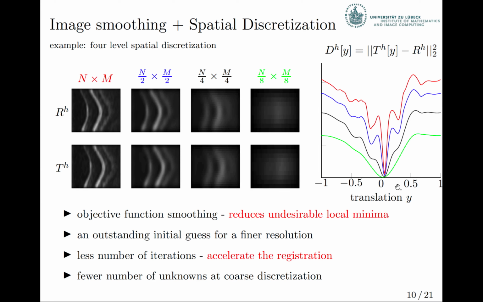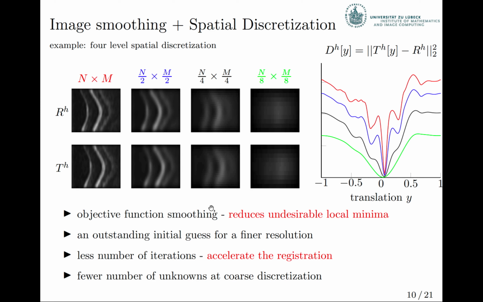We start the registration of these 2 images, and we get an estimate of the deformation field. You can see from here that it's already very close to the global optimal point. Now we use it as an initial guess and then register the images in the 3rd column of this sequence, and then we get even closer to the desired global optimal point. That's how we construct our registration scheme.